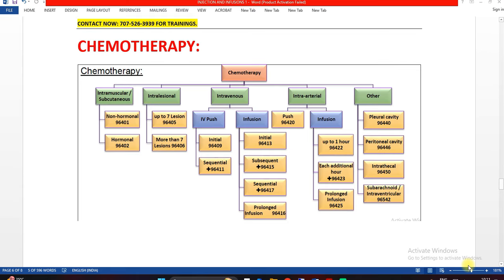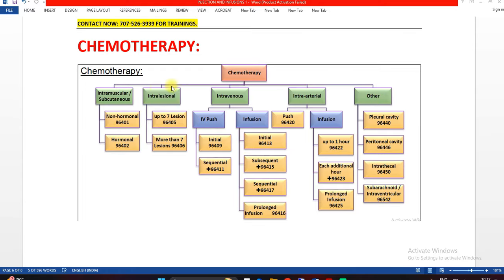So what is chemotherapy, guys? Please mention it in the comment section. Chemotherapy is the therapy used by the physician in order to treat cancer. In chemotherapy we have different types of variants: intramuscular, subcutaneous injections, intralesional, intravenous, intra-arterial or other.